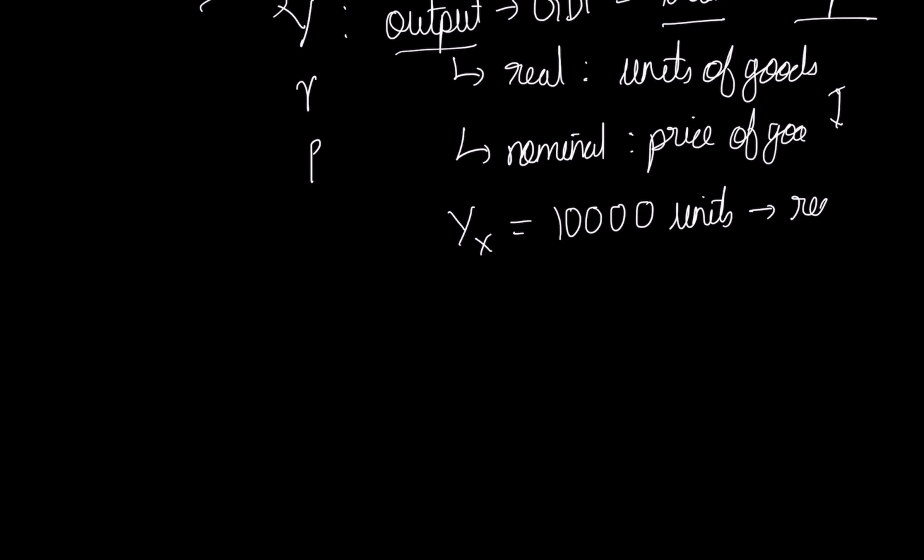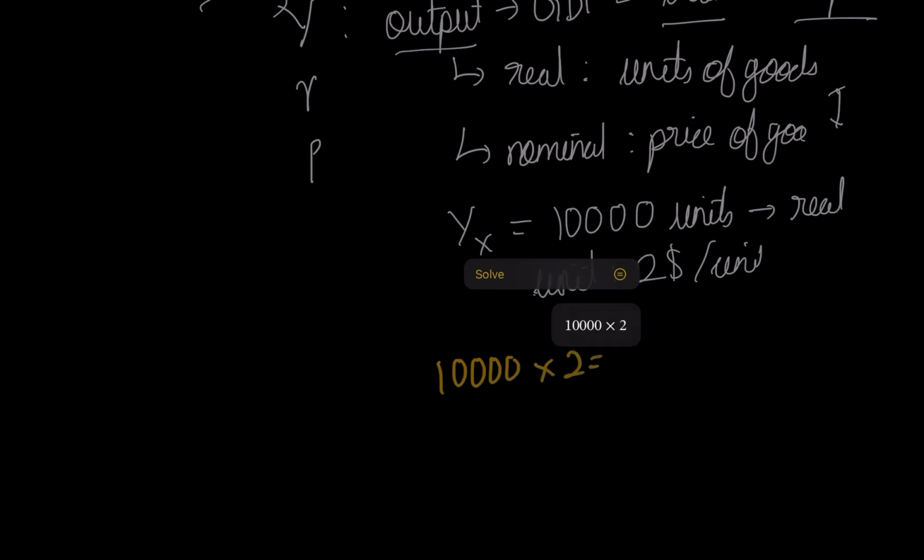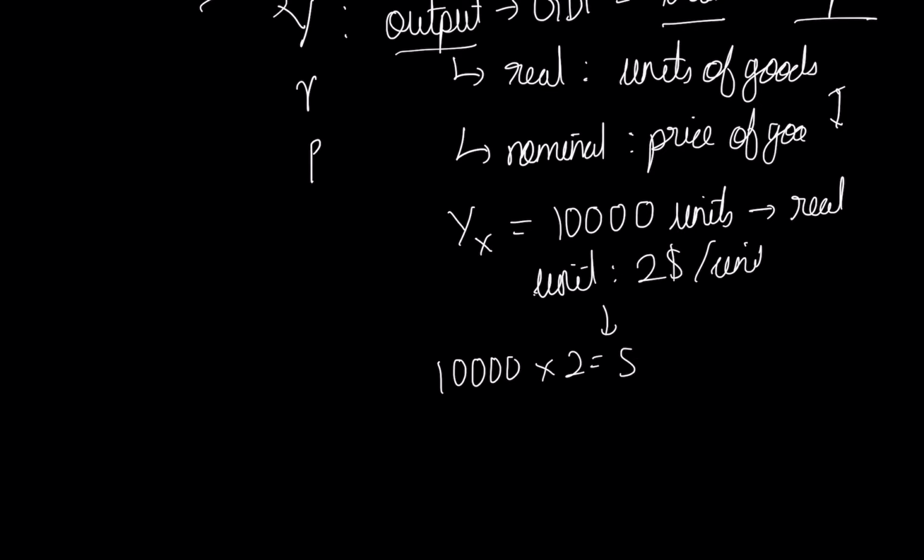This is real output. But if I know that each unit is $2, then I can get the nominal output, which is nothing but 10,000 times 2, which is $20,000. And this $20,000 is what we refer to as nominal output.